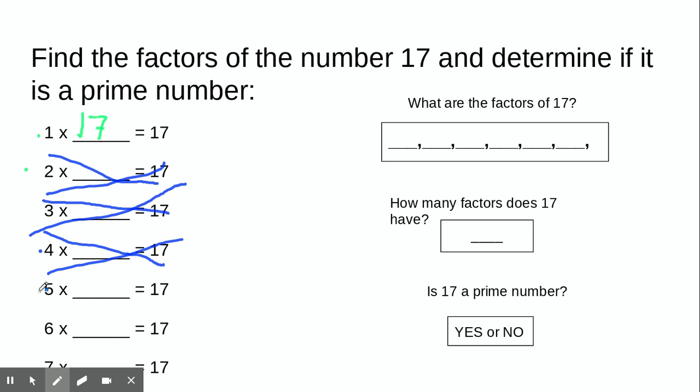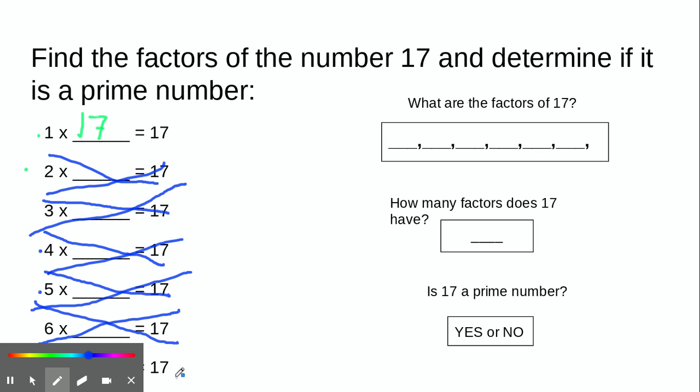We got to keep trying. How about 5? Is 5 a factor of 17? Nope. You can cross that one out too. 5 does not go into 17 evenly. How about 6? Is 6 a factor of 17? Nope. We can also cross that one out.